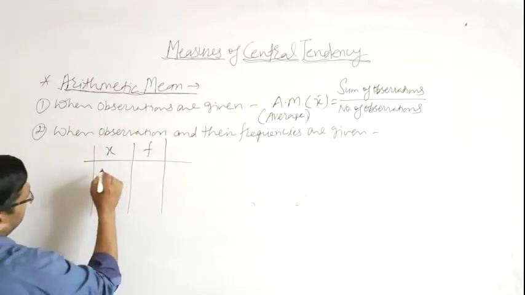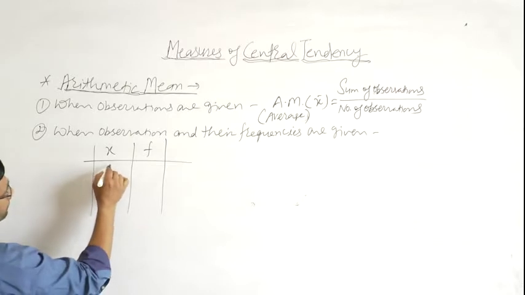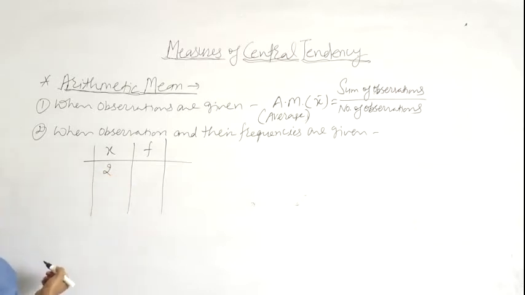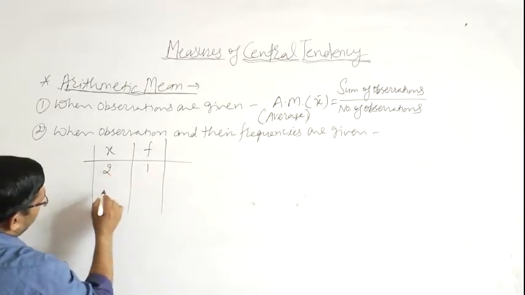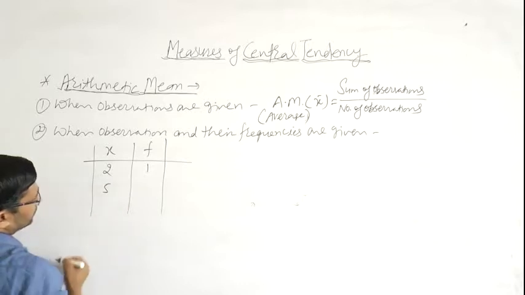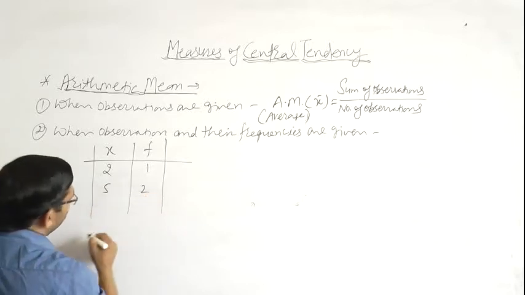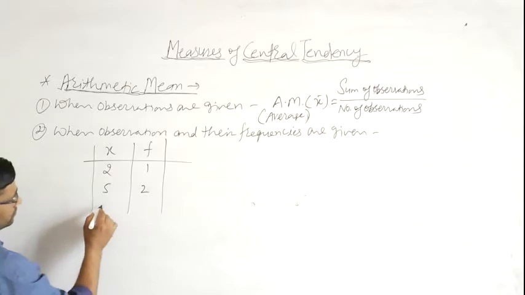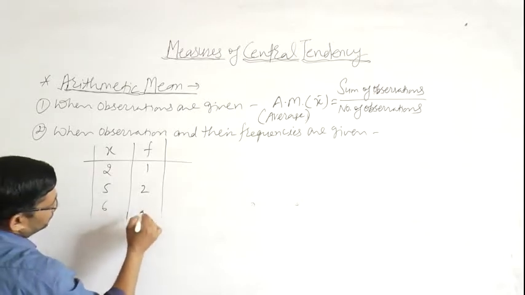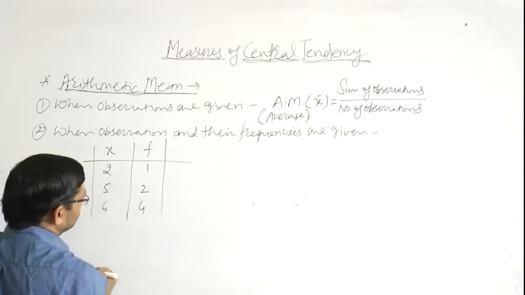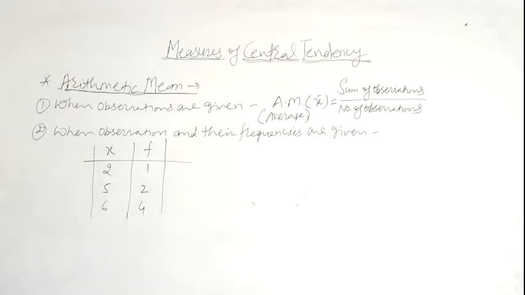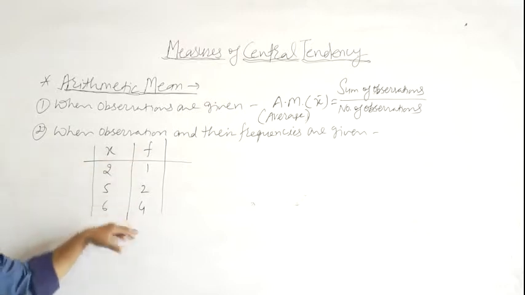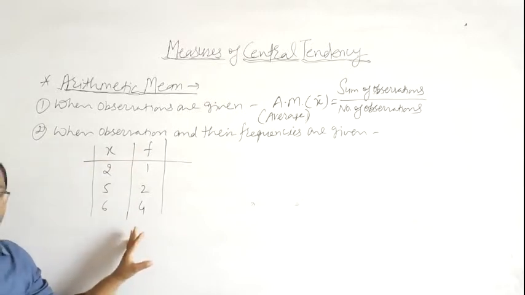Suppose observation is 2, frequency is 1, observation is 5, frequency is 2, and observation is 6, frequency is 4. So x is observations and f is frequencies.